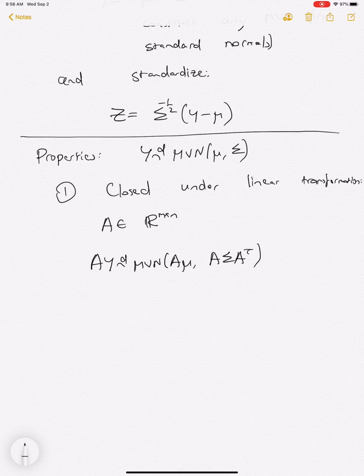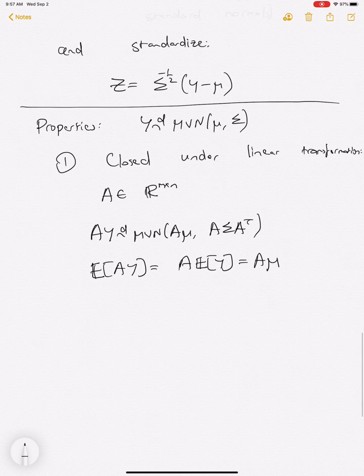And just as a sanity check, we can see that the expectation of AY, because expectation is a linear operator, should just be A times the expectation of Y, which is A times mu, which certainly is consistent.